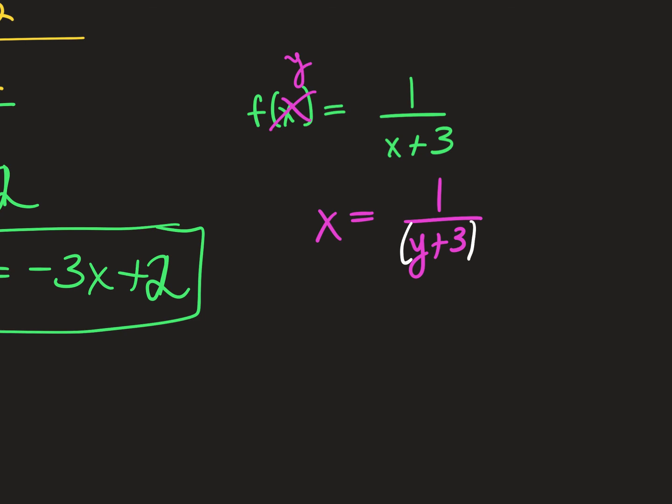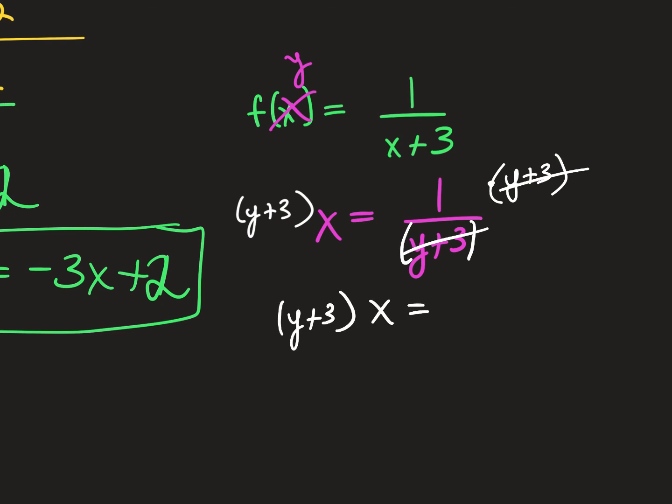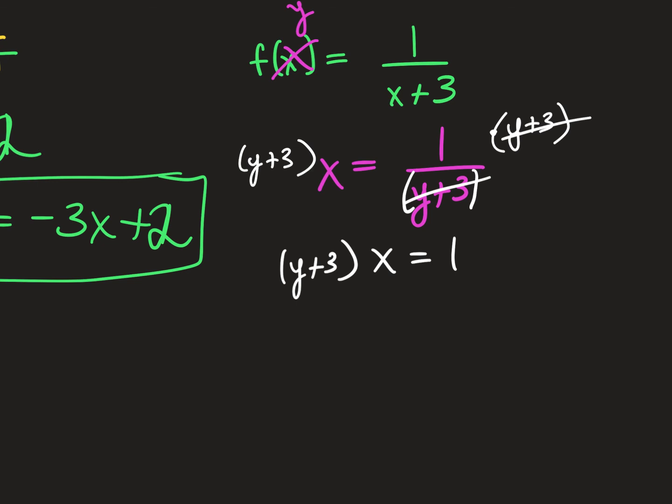So what do I have to do, Olivia? Multiply everything by the denominator, the y plus 3. So you do it on this side, good, and then you do it on this side. So you have y plus 3 times x equals 1, right? Now, we're still trying to get y by itself. So what do I do? We don't even have to distribute. We want to get it by itself.